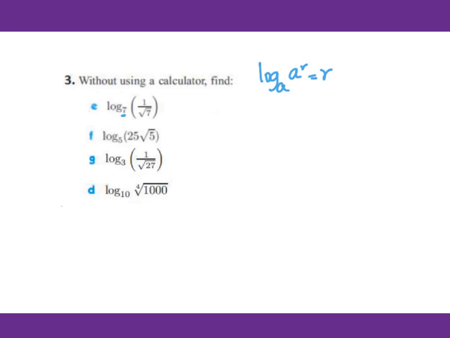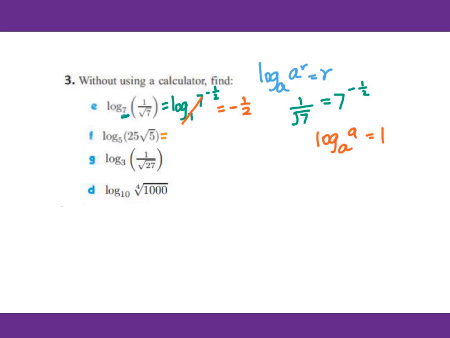For e, this is 7, I cannot do anything, but 1 over square root of 7, we know that it's 7 to the negative 1/2 power. Therefore, I will get log base 7 of 7 to the negative 1/2 power. Then 7 is gone. I will get negative 1 over 2, because log base a of a equals 1. 1 times negative 1/2 equals negative 1 over 2.